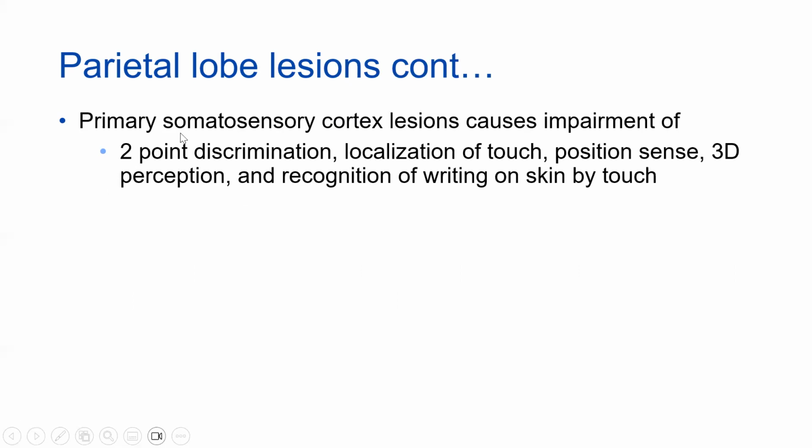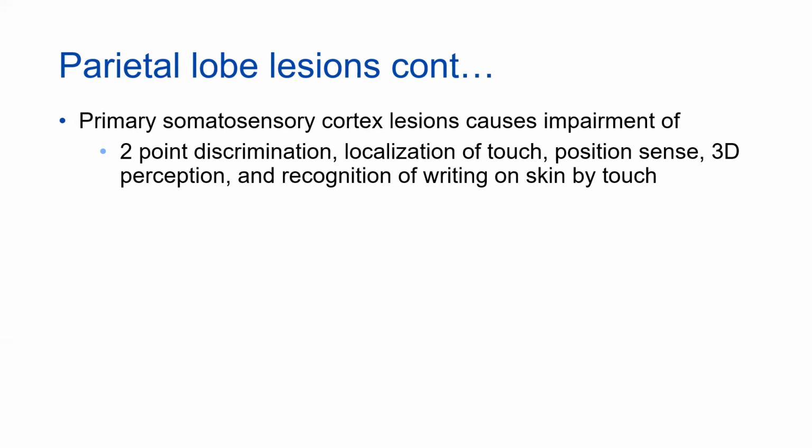Some more examples of parietal lobe lesions include those of the primary somatosensory cortex, which is in the parietal lobe, and it causes impairment of two-point discrimination. Two-point discrimination is when, for example, your friend puts the pointy tips of two pencils on your arm, some distance away from each other, but not too far from each other.